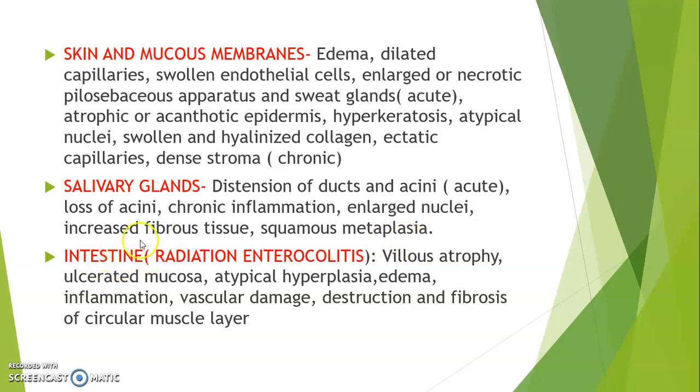Radiation in intestine will cause radiation enterocolitis. In this, there is villous atrophy, mucosa is ulcerated, atypical hyperplasia may be seen, edema, inflammation, vascular damage is present. There is destruction and fibrosis of the circular muscle layer.